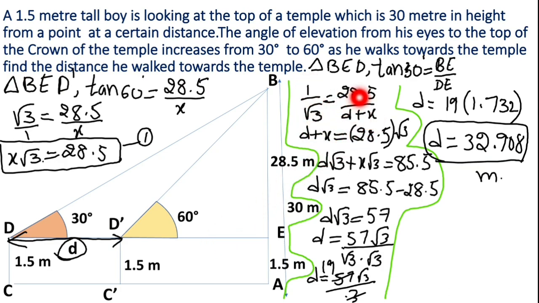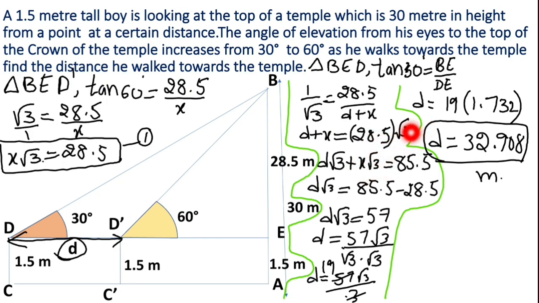Do the cross multiplication and here clearly observe that we know the value of x root 3, which is 28.5. Here we have x. So to solve the problem very easy, I'm multiplying the left side and right side with root 3. Then it becomes d root 3 plus x root 3, which is equal to 28.5 root 3 into root 3.